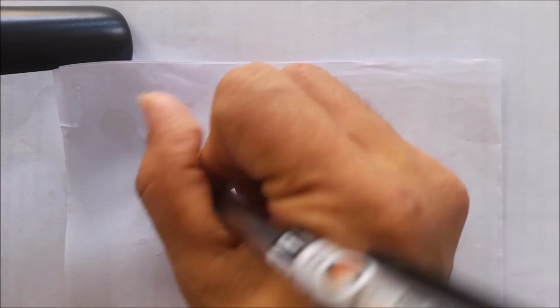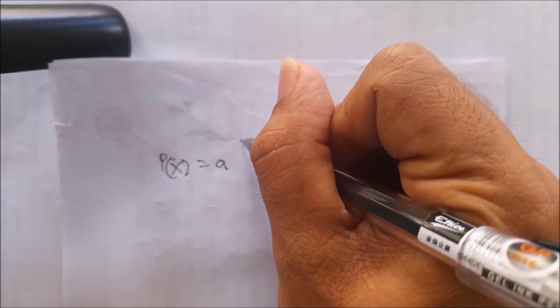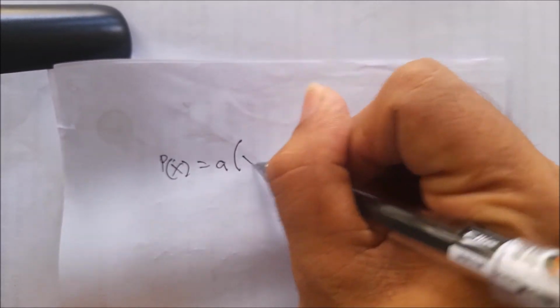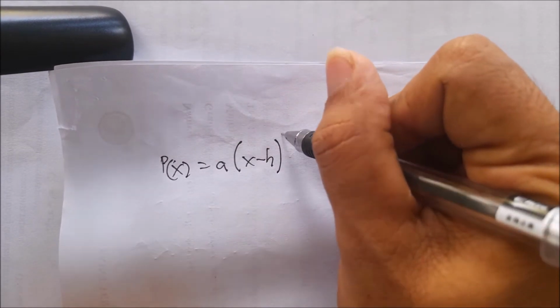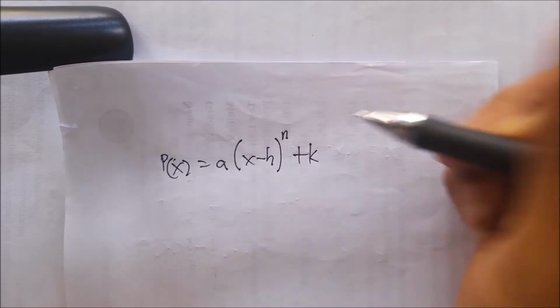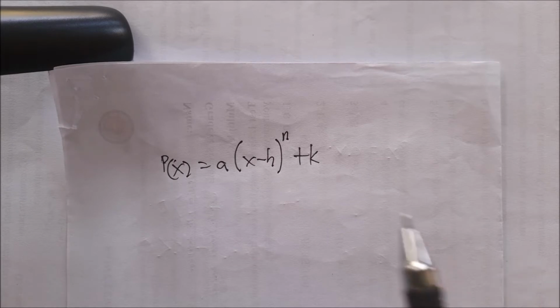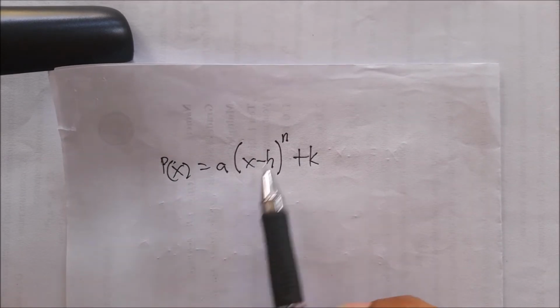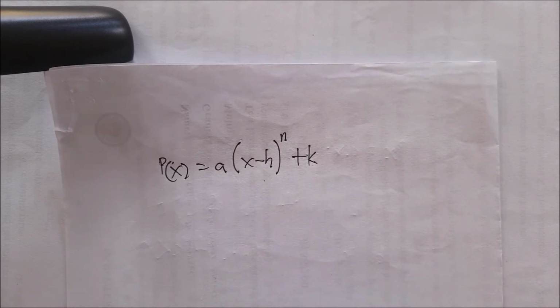Now, continue with another. The graph of p of x equals a, open parenthesis, x minus h, close parenthesis, raised to the power of n, plus k. It is a combination of the earlier ones that I discussed, the parenthesis and the constant k.